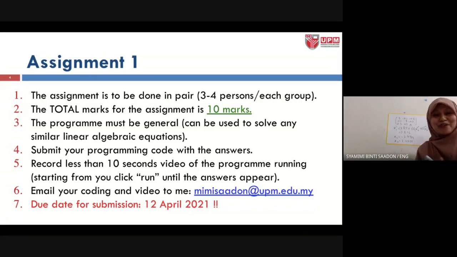We have 4 assignments for numerical methods and other subjects as well, so I would have too many assignments to review. So the assignment is to be done in groups of 3 or 4 persons, if possible 4 persons in each group. Each assignment will account for 10 marks, so 4 assignments make up 40%.